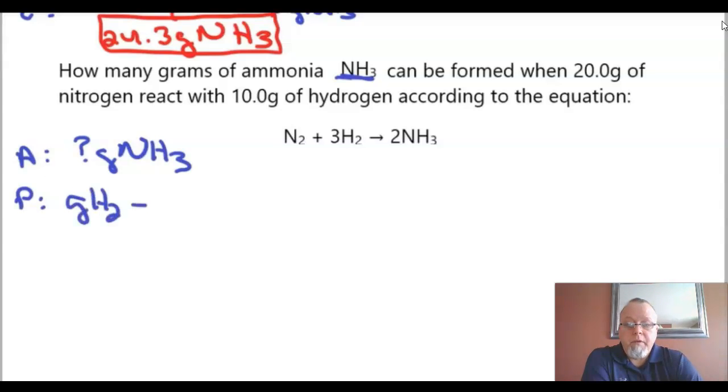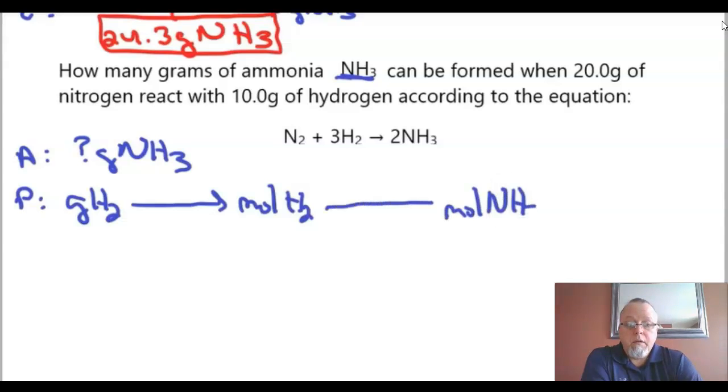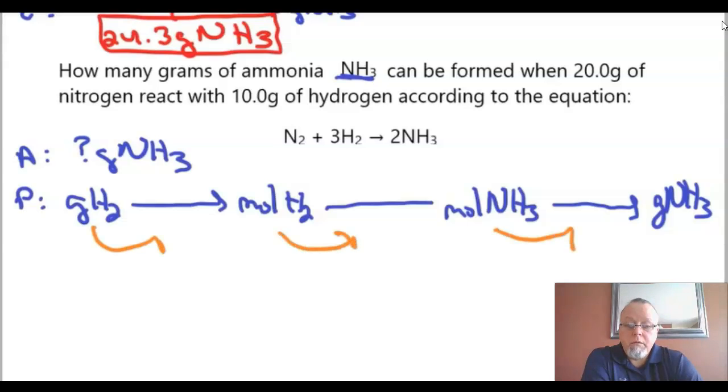We need to go from grams of H2 to moles of H2. From moles of H2, we go to moles of NH3. And then from moles of NH3, we go to grams of NH3. Now again, the preceding goes in the denominator, the other goes in the numerator. A quick, easy way to set it up.